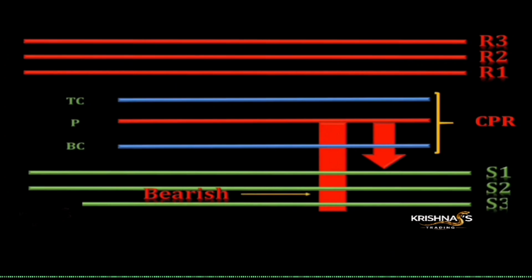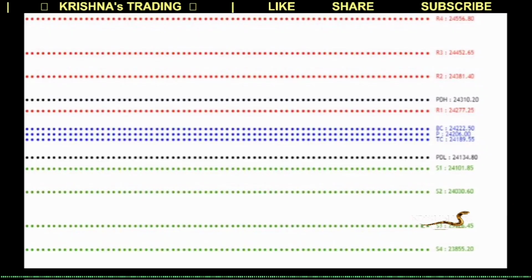This is the basic knowledge about the CPR and its setup. In the real market, the CPR indicator looks like this. CPR, above it R1, R2, R3, below it S1, S2, S3. This is the basic knowledge about CPR, Central Pivot Range.